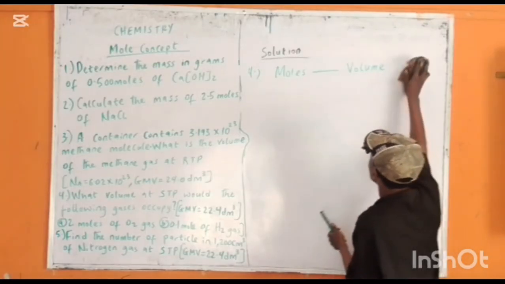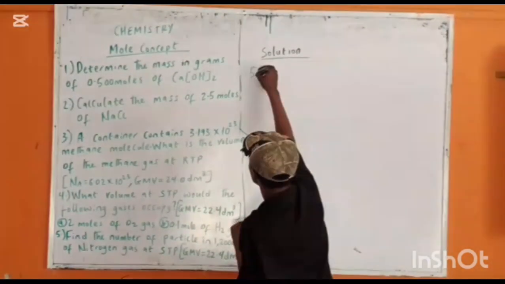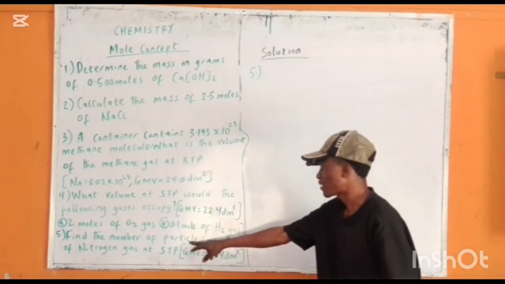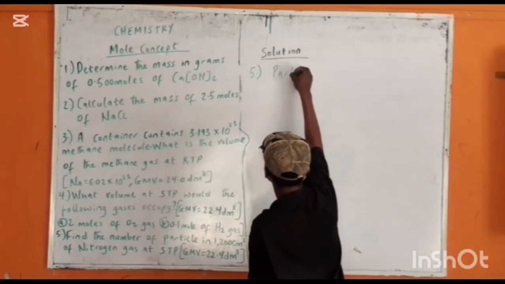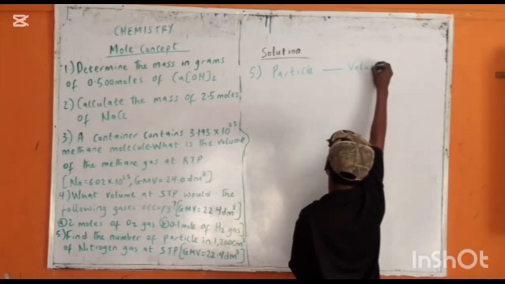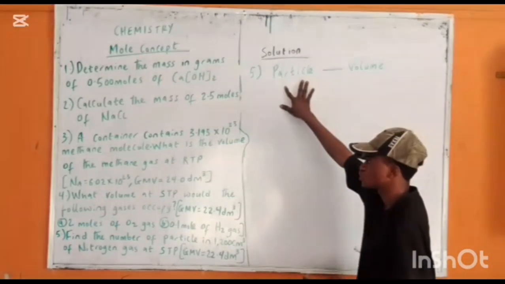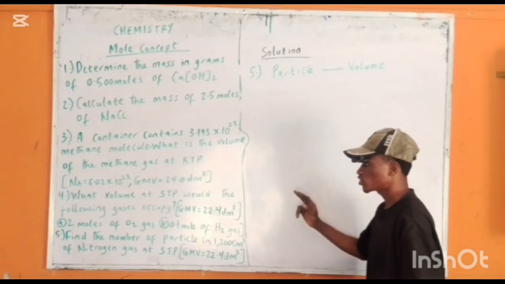For number 5 now, what did I do? I'm having particle here and I'm having volume here. So I related particle and volume. Now, my 1 mole for particle is what? 6.02 times 10 to the power 23.